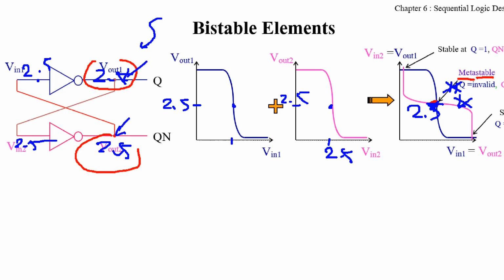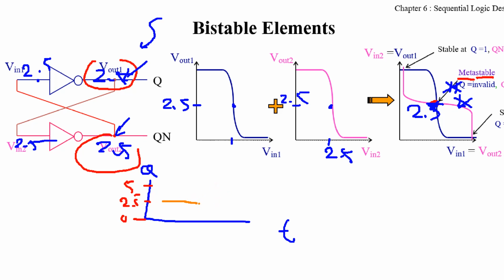For example, this is Q over time. If now it is 5 here, 0 here, and maybe 2.5 here, the system becomes metastable, steady at 2.5.